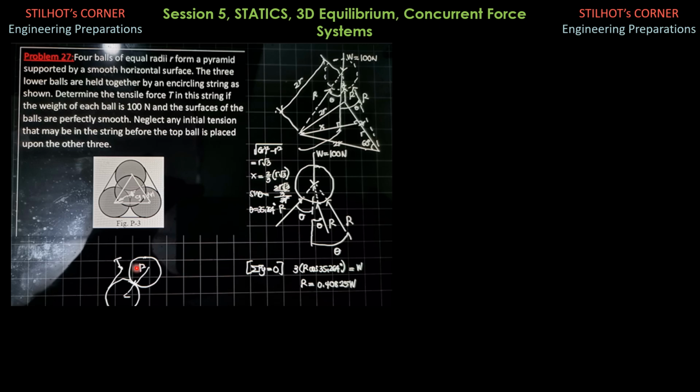Then we transmit that R to one of the lower spheres. So take note that the angle between these two tensions is 60 degrees because this is an equilateral triangle, and we can transfer the tension to the center of the lower sphere, or lower ball, and the reasoning for that is this.